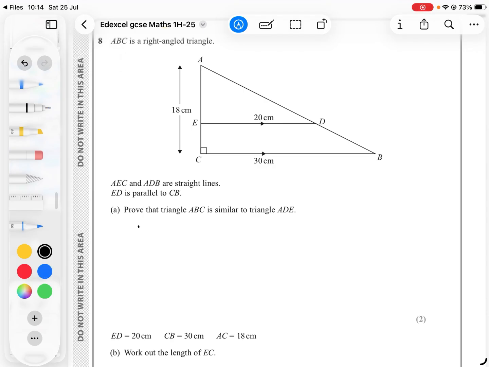Small triangle. This is your small triangle. The names are A, E, D. So this one is a right angle. This length ED is 20 centimeters. I'm going to draw the big triangle.